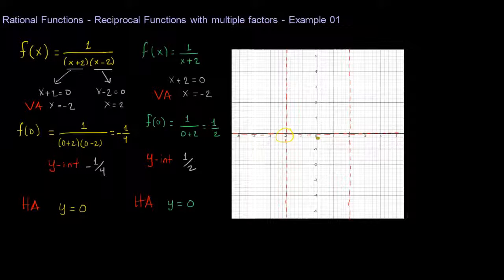Now I'm going to evaluate this function f of x, the yellow one, with a value that is slightly smaller than negative 2. I really mean very slightly smaller.